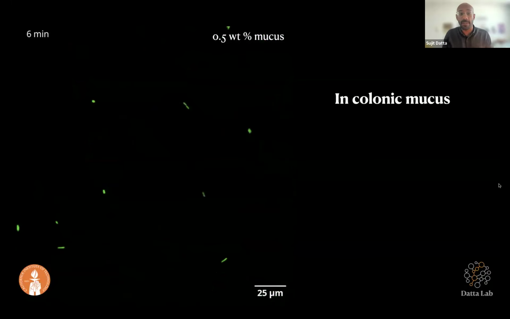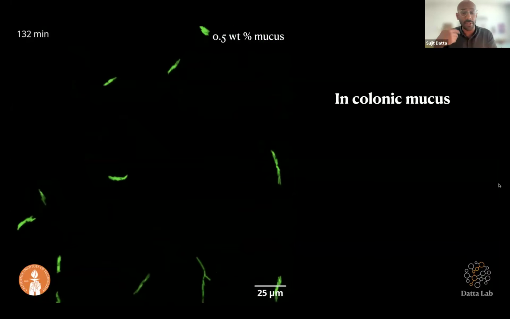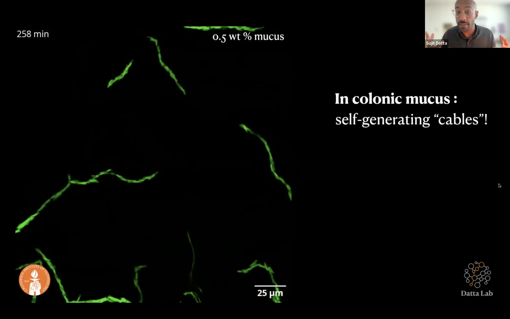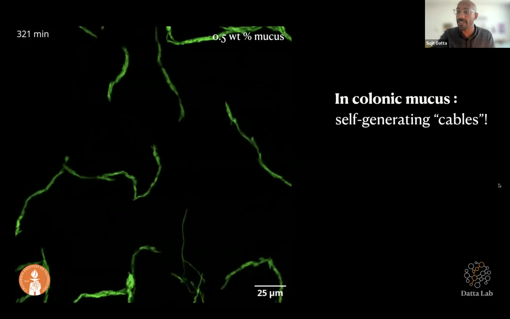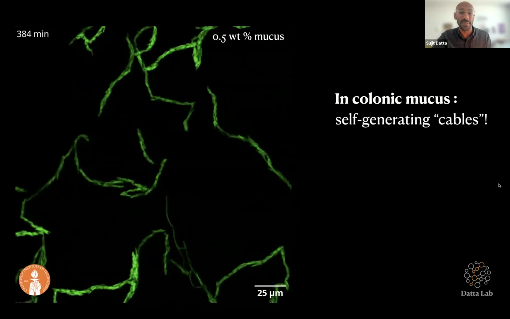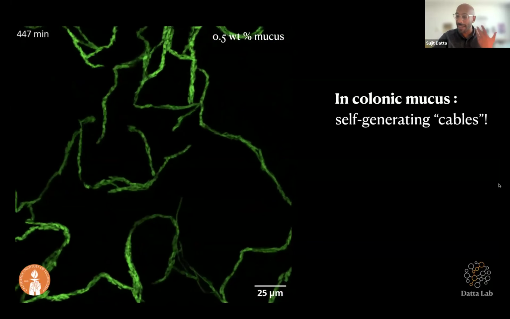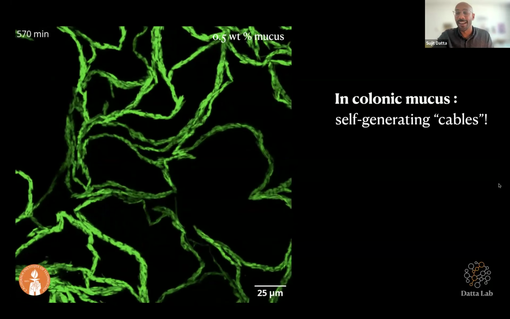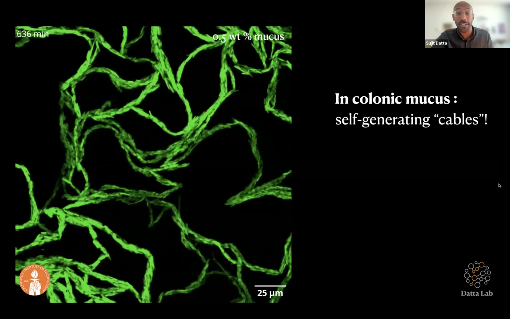And these cables, I'll play this movie again, they elongate, eventually they buckle, they intertwine, they form this beautiful living gel. This is like an entangled network of spaghetti, but now the individual spaghetti, right, are made up of bacteria that have grown and divided and stuck in this elongated nematic configuration.